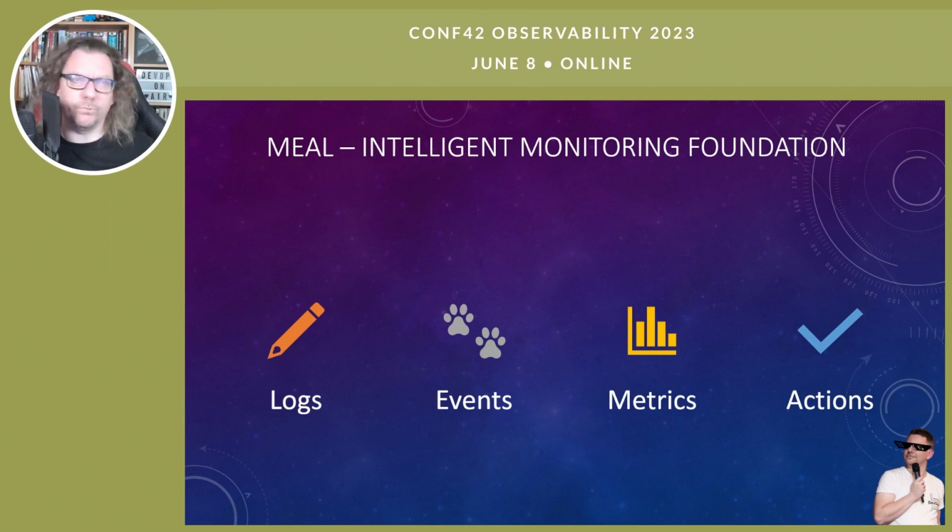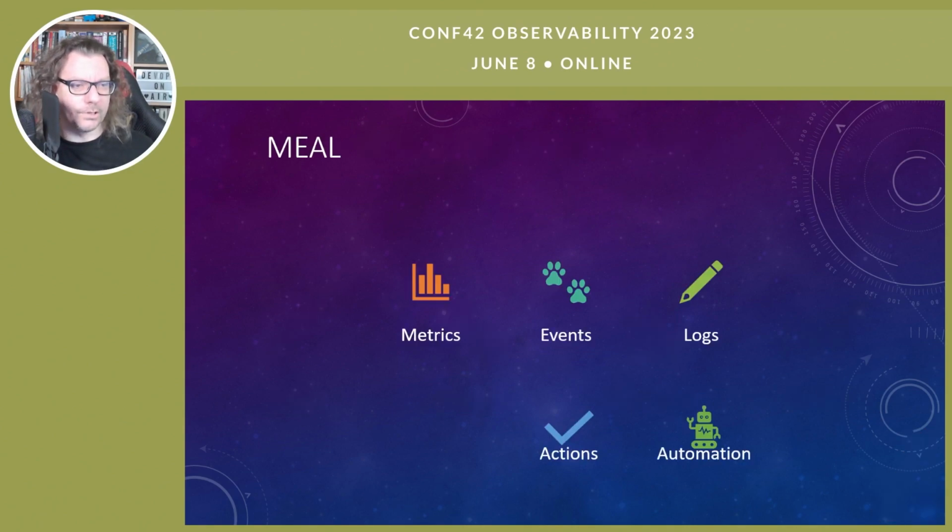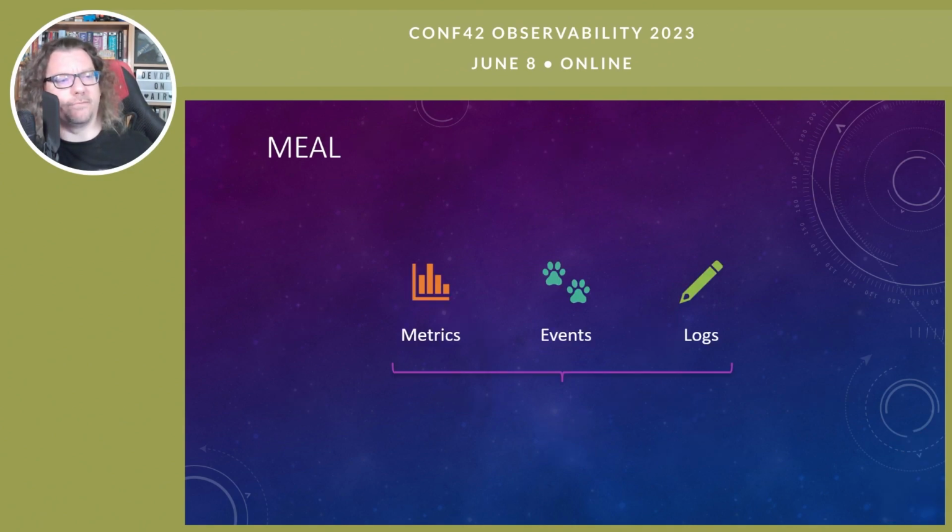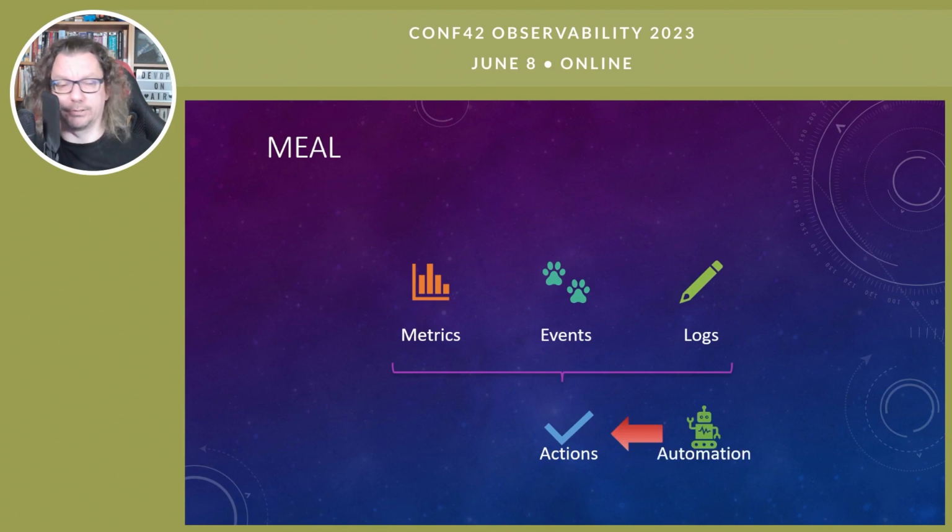It is in observability somehow, but I was the first. So we have metrics, events, and logs, and we collect them together, and based on them, we take action. And this action can be automated.